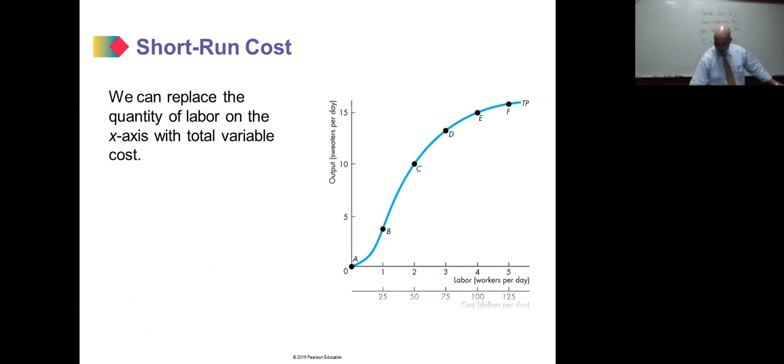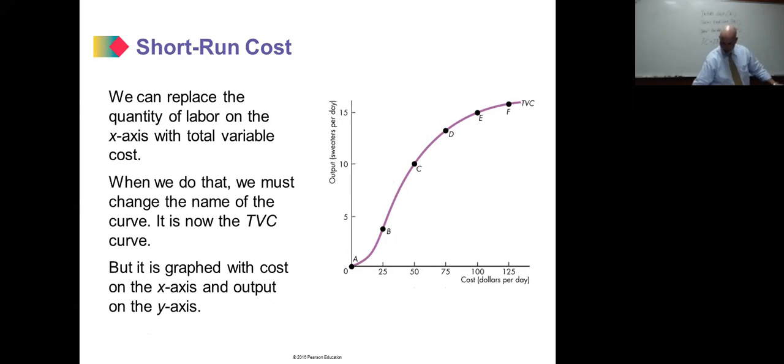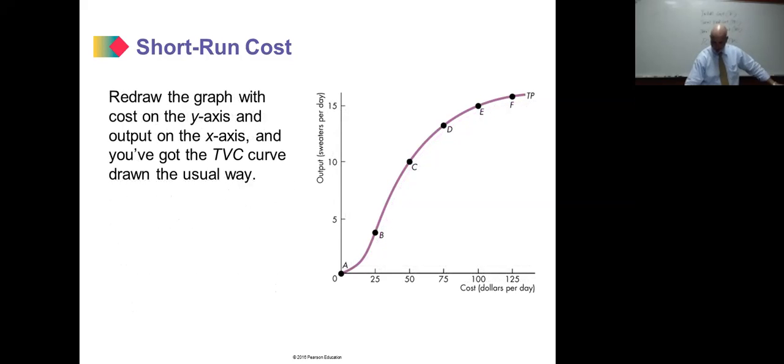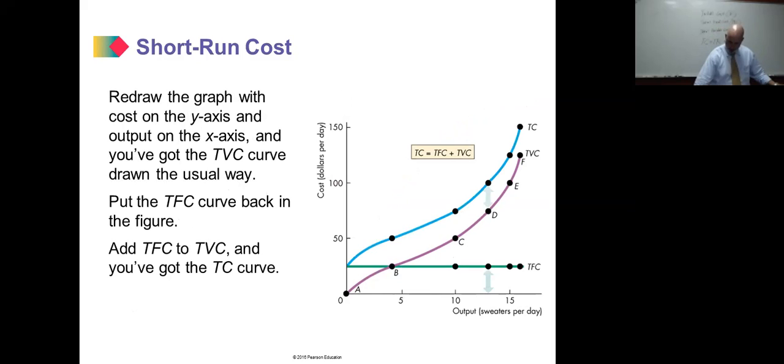So now, here's our total variable cost curve. And we've got cost on the x-axis, output on the y-axis. Now we're going to redraw it. We're just reversing here.